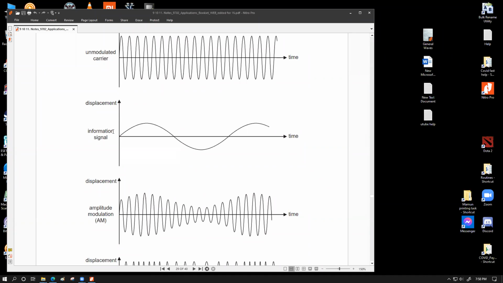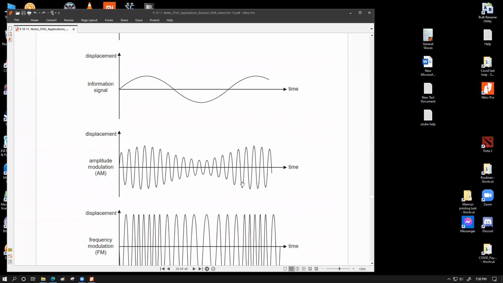So we can modulate this signal with an unmodulated carrier which has a much higher frequency than the maximum frequency of this information signal, and they are going to undergo merging.